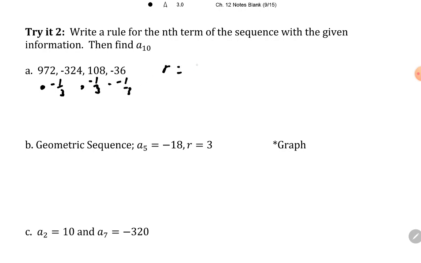Okay, so I have an R of -1/3. Our first term is 972, so we can write our formula. A sub n is 972 times R, which is -1/3, to the n-1. There's our rule.